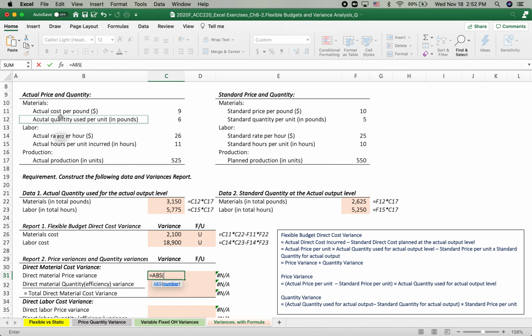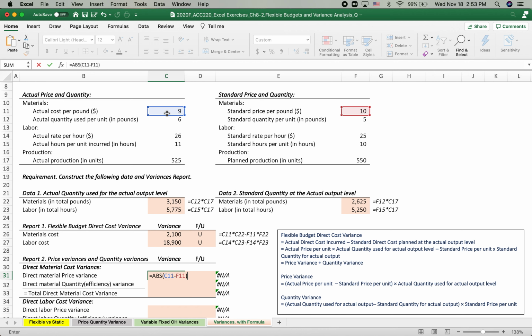Now do you see the actual cost per pound was 9, but the standard price per pound is $10. So 9 minus 10. As you can see, the actual price in material cost is lower.